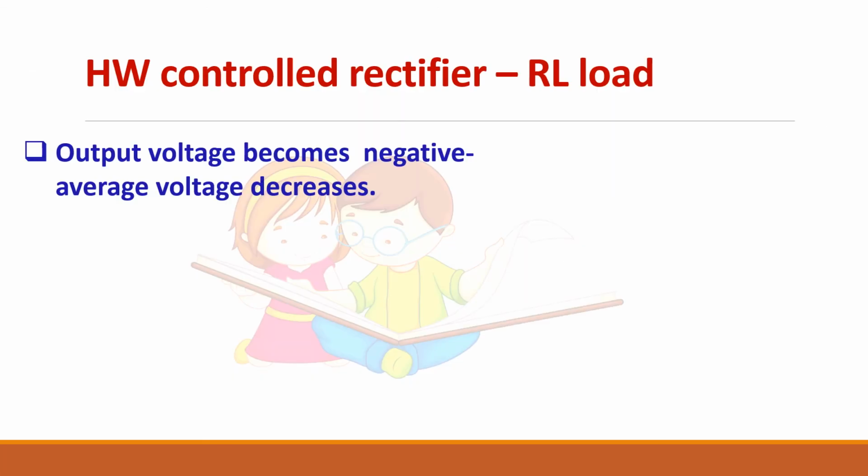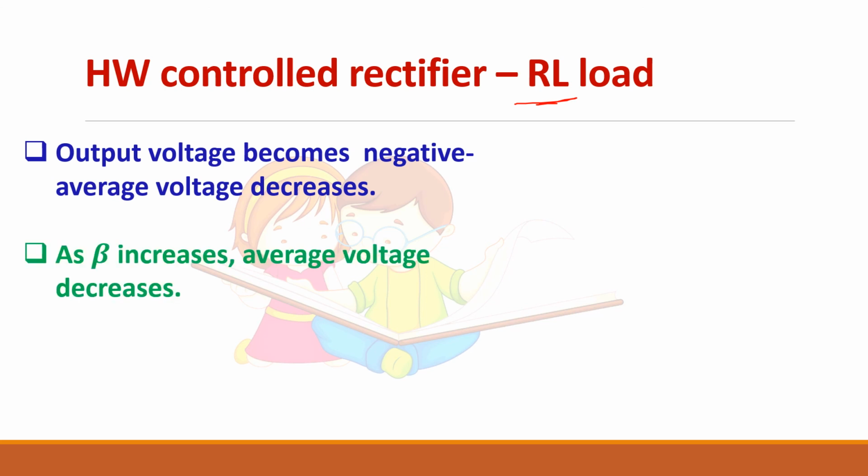Now in this RL load, the output voltage is becoming negative. So what happens to the average voltage? If you find the average voltage, it decreases compared to the previous case. If beta increases, it means the inductive part is more, so the average voltage decreases.